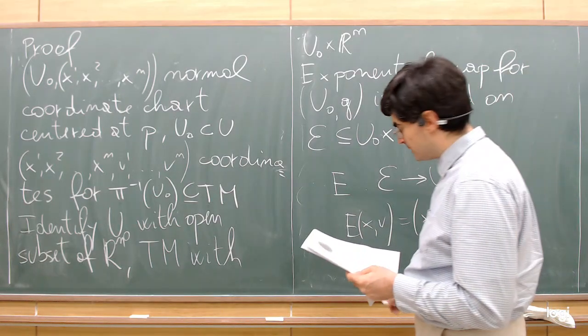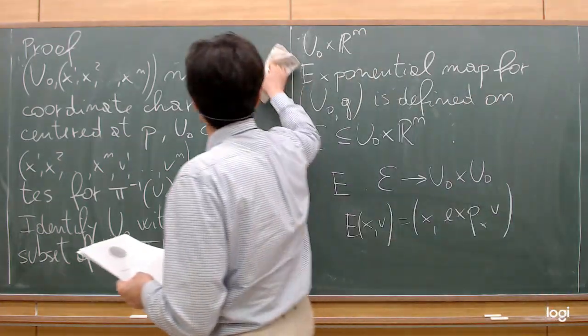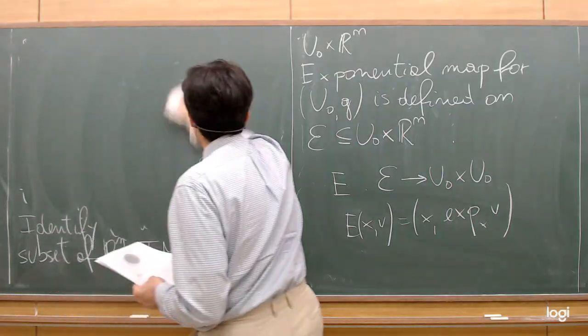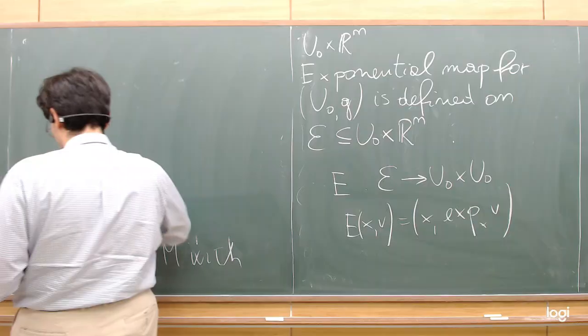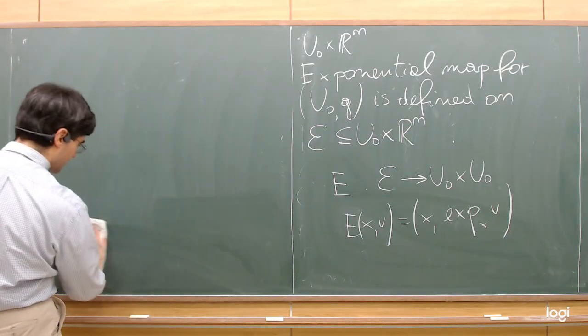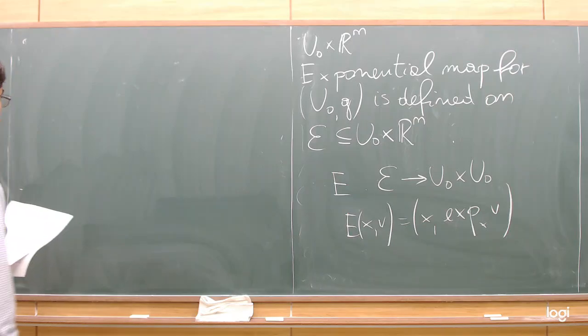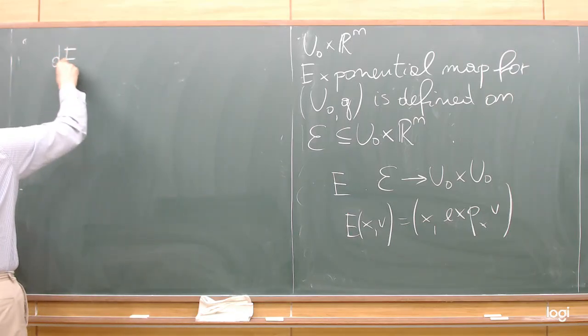This map has an invertible differential at the point p0, the differential of E at p0.